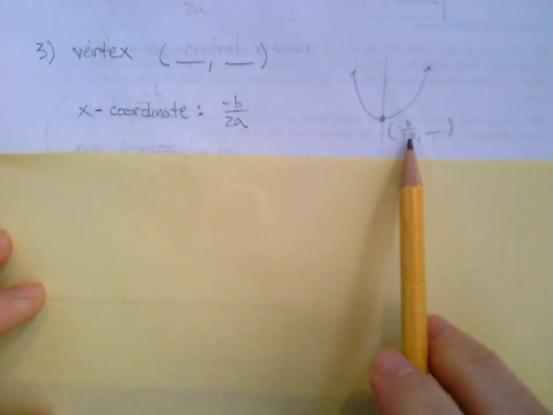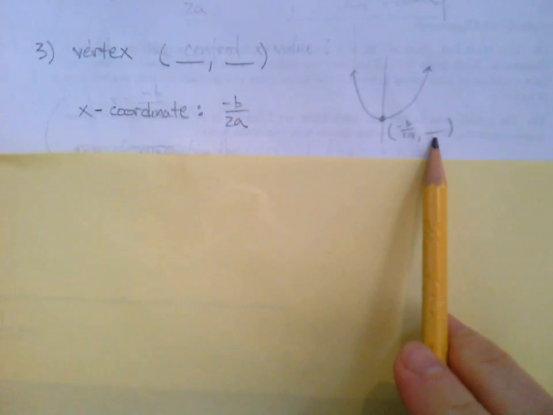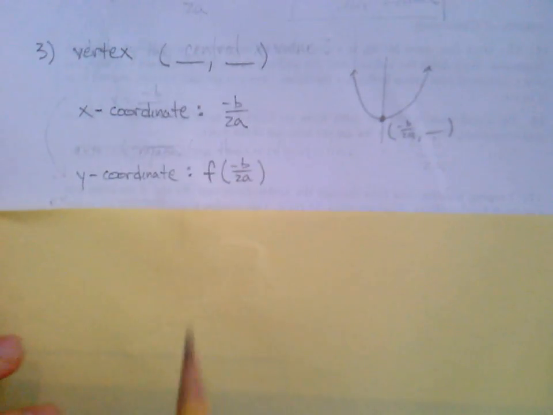Well, once you have the x value, how do you find the y value, the y coordinate? Well, turns out that's actually pretty easy. You take your x coordinate and you plug it into the function. Isn't that how we find y values, right?